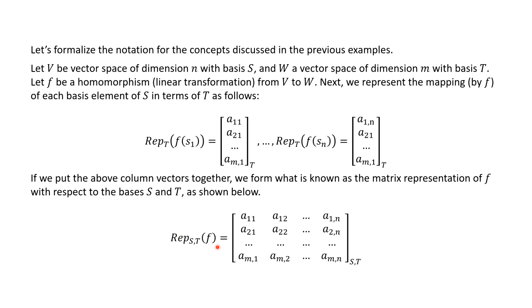And you notice the notation here, rep S comma T of F. So S is the basis for V, T is the basis for the codomain W, and this is basically the matrix we computed in example 1, although it was very simple because we were going from the standard basis to the standard basis, and then we did the same thing in example 2, but we had non-standard bases. Okay, so that's the procedure and the notation.